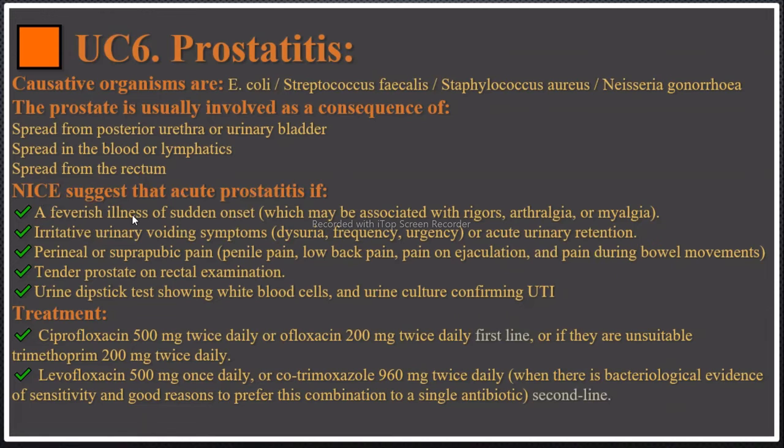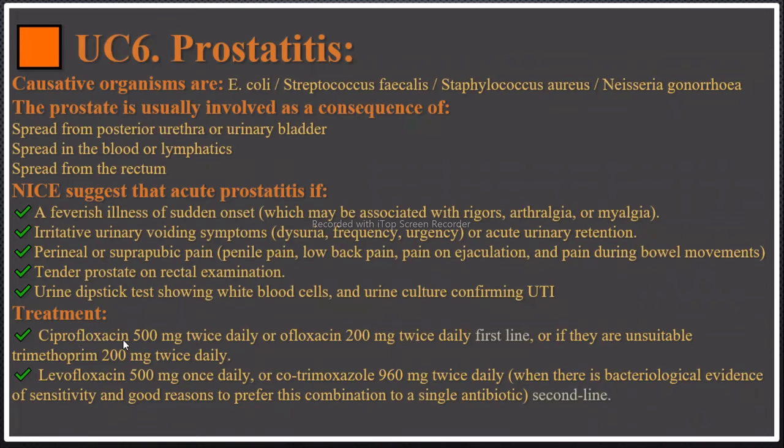They will mention the patient has a feverish illness with sudden onset, maybe with rigors, arthralgia, myalgia, irritative urinary voiding symptoms: dysuria, frequency, urgency, or acute urinary retention, perineal or suprapubic pain, penile pain, low back pain, pain on ejaculation, pain during bowel movements, tender prostate on rectal examination, urine dipstick showing white blood cells, and urine culture confirming UTI. If you find any of these, think about prostatitis.